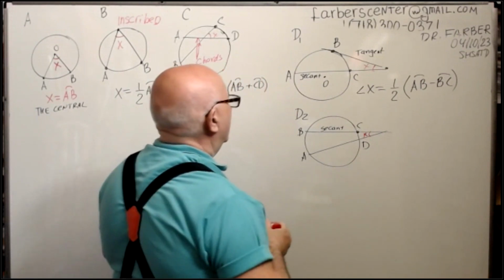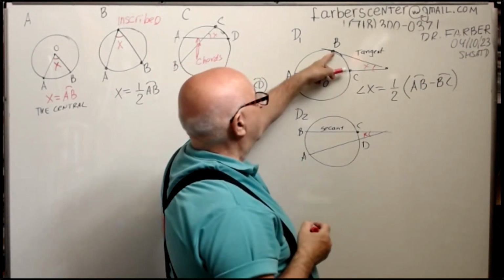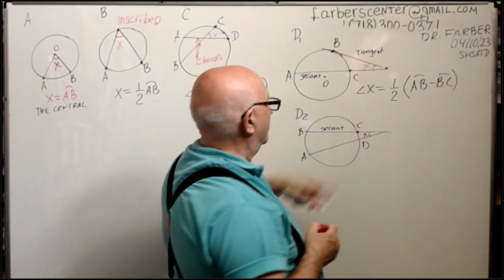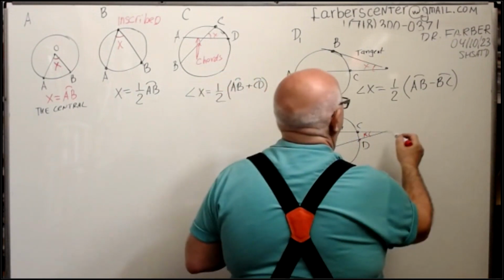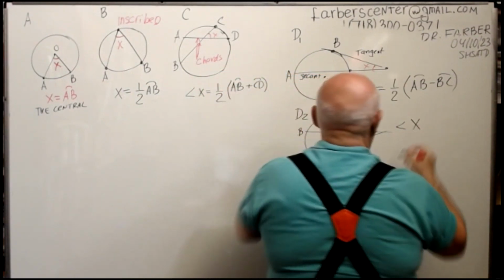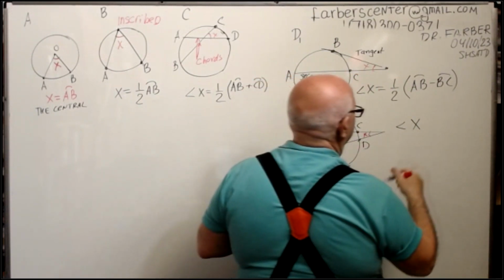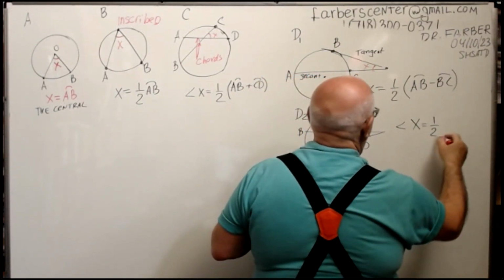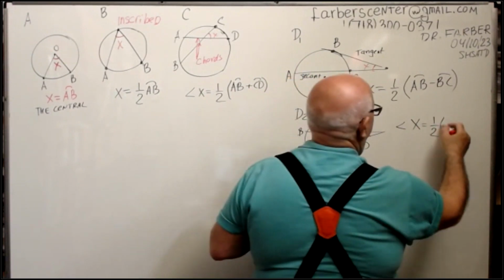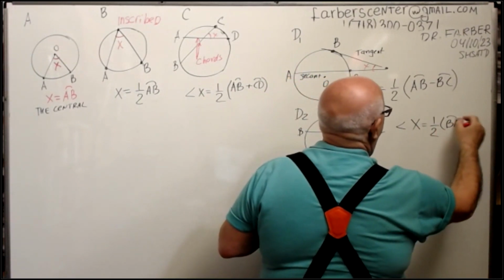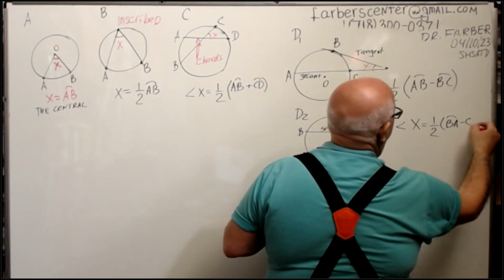Well, in the previous case, this was a common point. Now there are different points. The same formula. This angle X between two secants equals half of the difference of the intercepted arcs, BA minus CD.